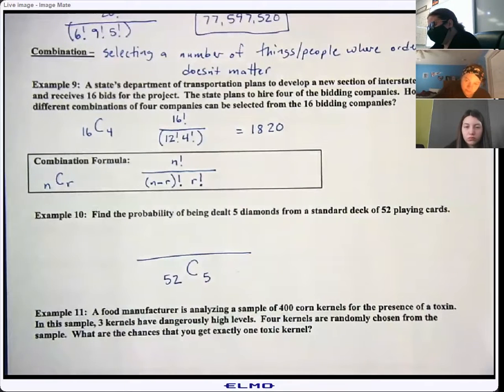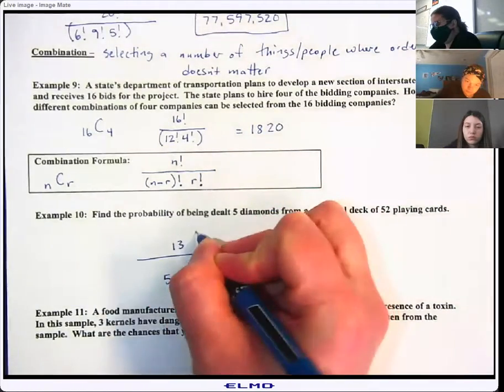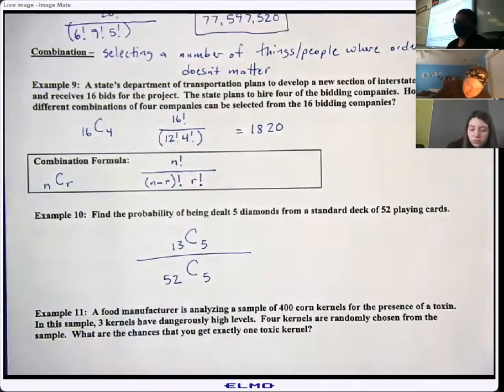On the top, how many diamonds do we have? 13 diamonds, and we want 5 of them, right? But it doesn't matter the order in which we get them, which is why I'm writing combination.